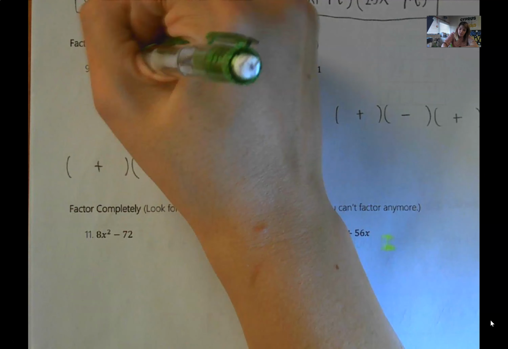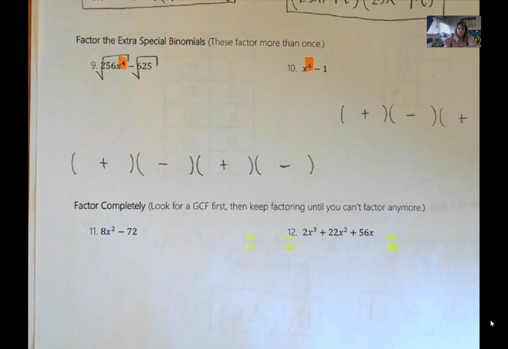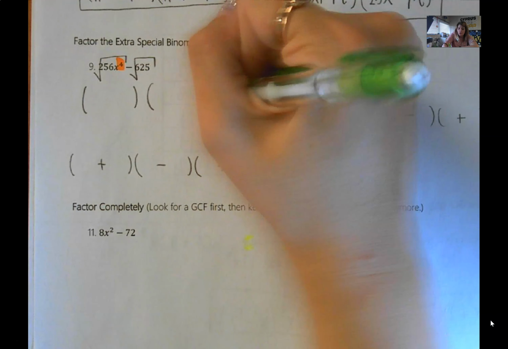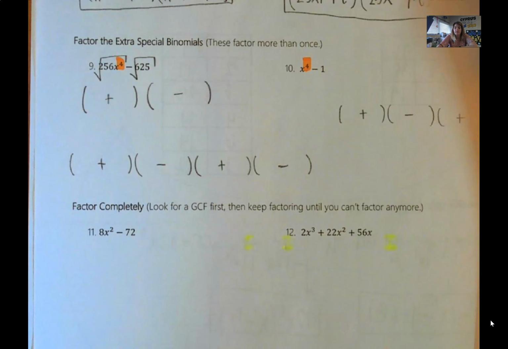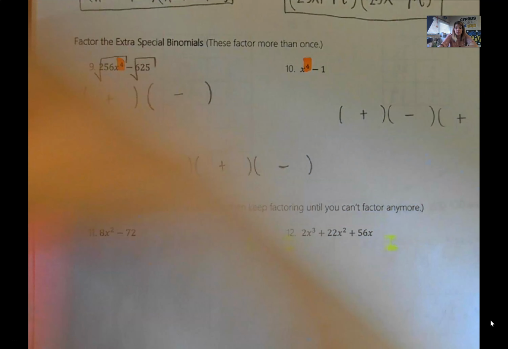Okay, you start the same. The root of 256, this starts out as 2 binomials. The root of 256 from my pink card is 16.